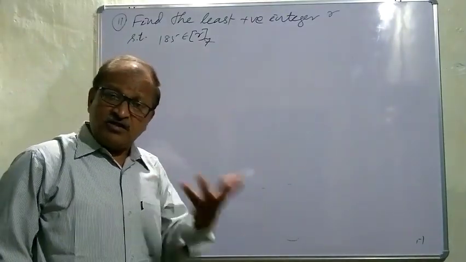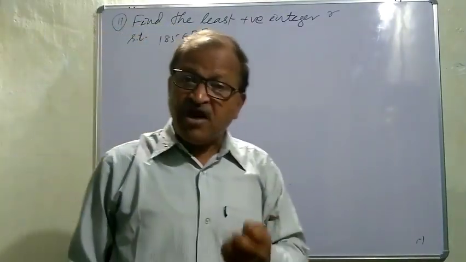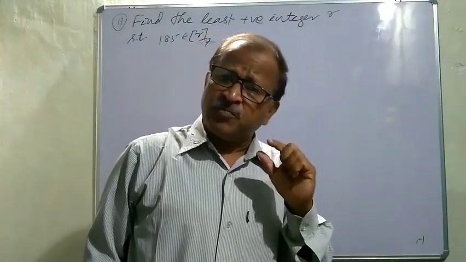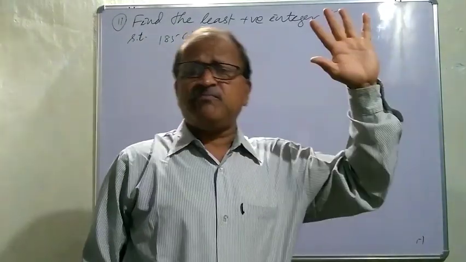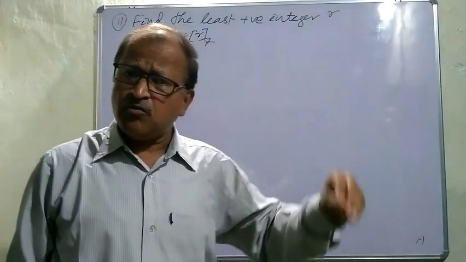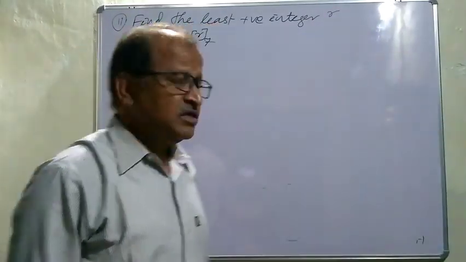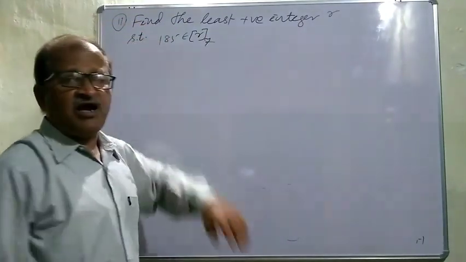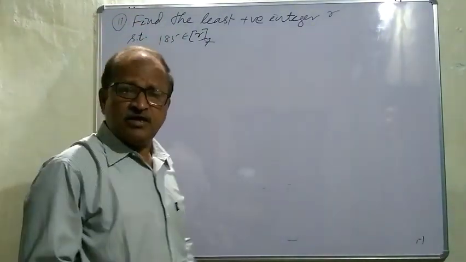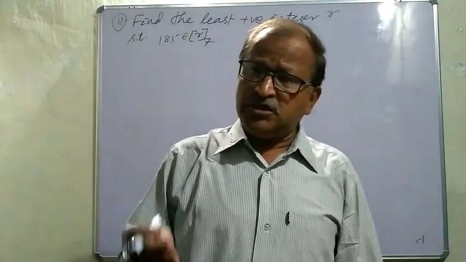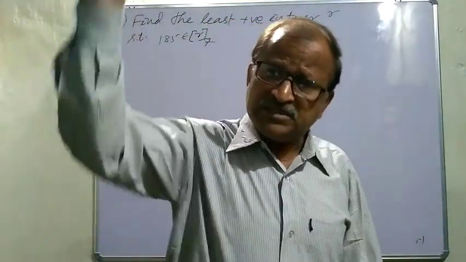If we divide an integer by 5, there are 5 remainders: 0, 1, 2, 3 and 4. Similarly, if you divide an integer by 7, the remainder will be 0, 1, 2, 3 up to a maximum of 6.